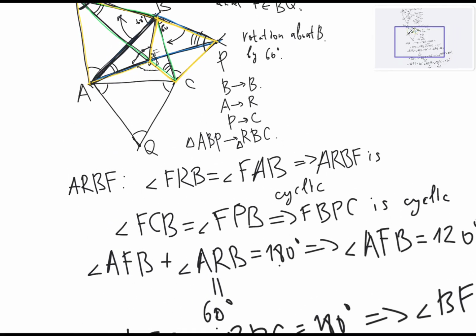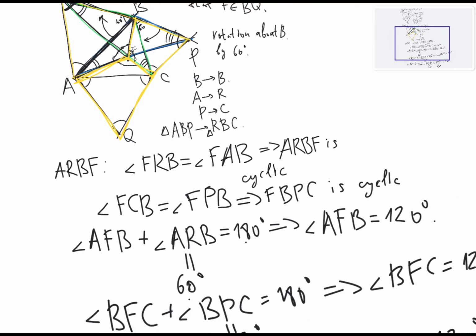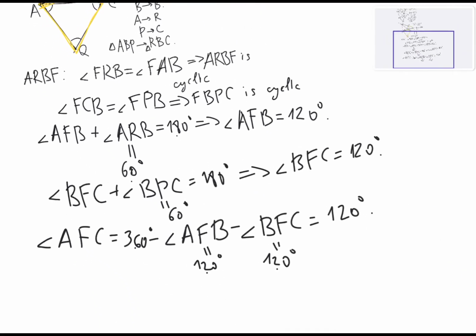Now we consider the third yellow quadrilateral, this one, and we see that the sum of the opposite angles in this quadrilateral is 180.